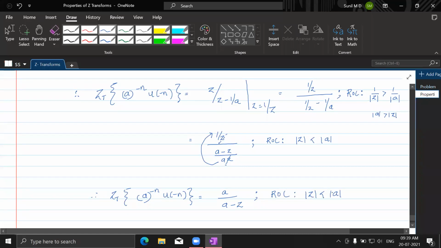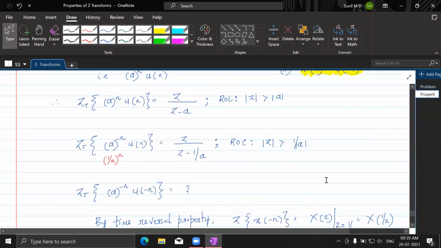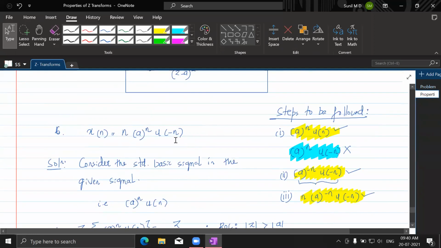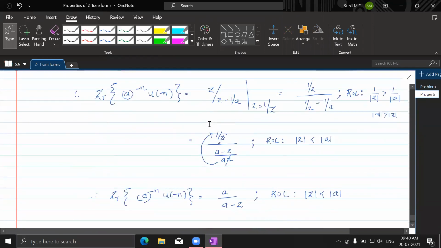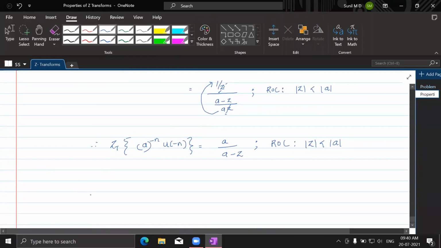So this is just half of a problem. We have just obtained the z transform of this. So if you multiply n to this, what would happen is what we need to look at. Everybody understand that point? So therefore, what is the z transform of n a power minus n u of minus n is the question.